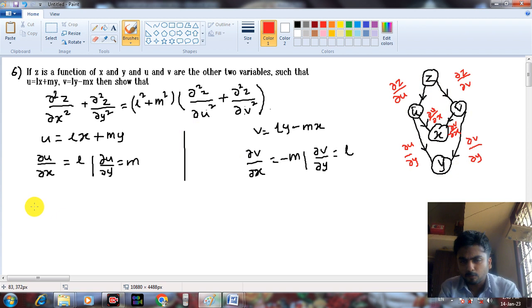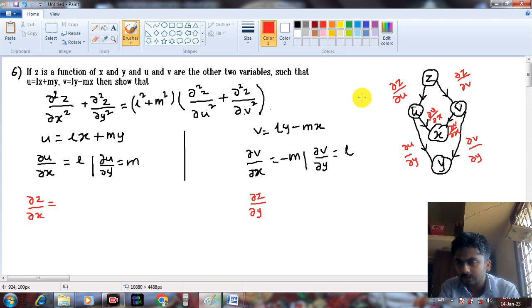The formula 1 is ∂z/∂x, and the formula number 2 is ∂z/∂y.